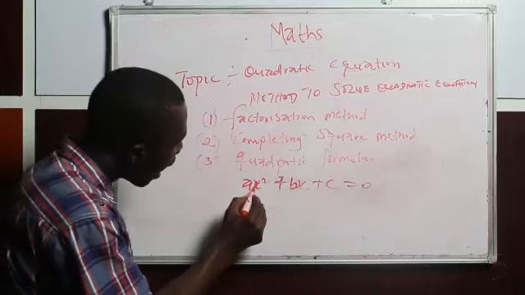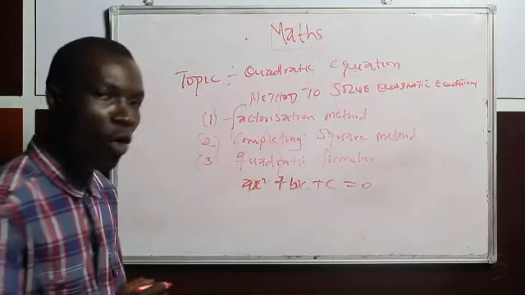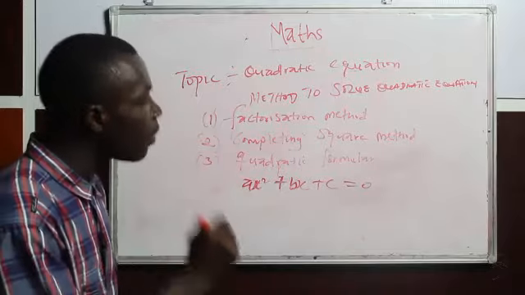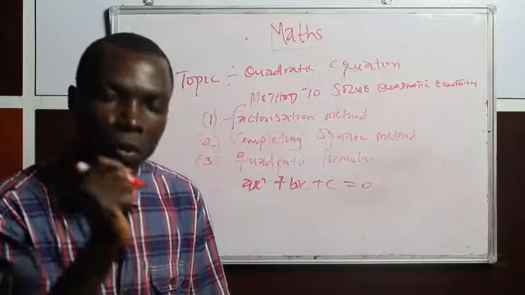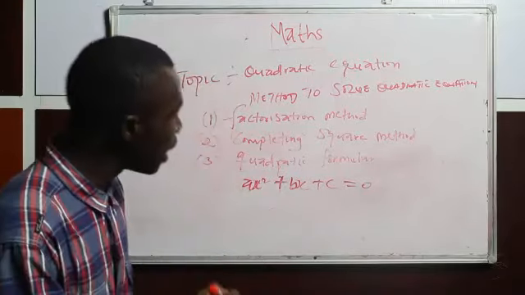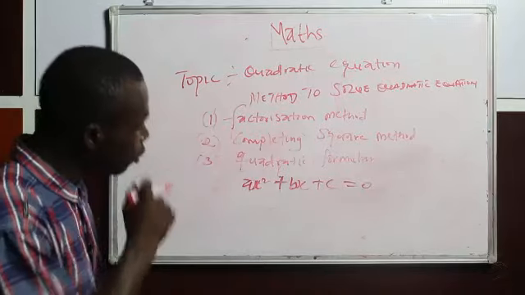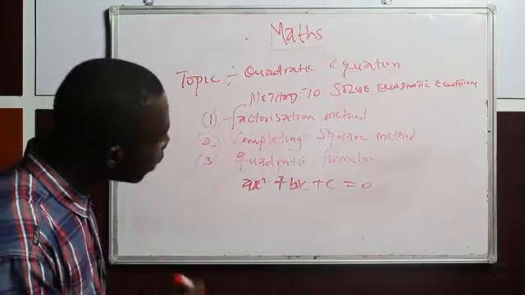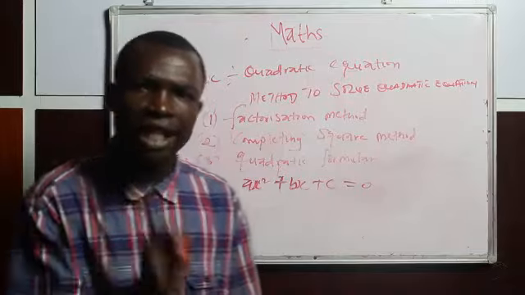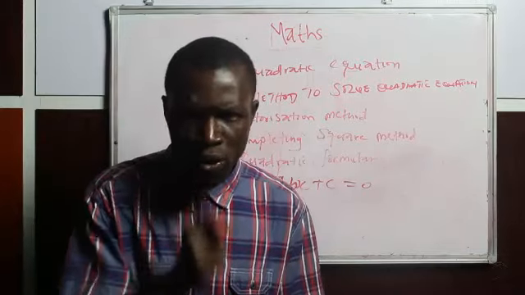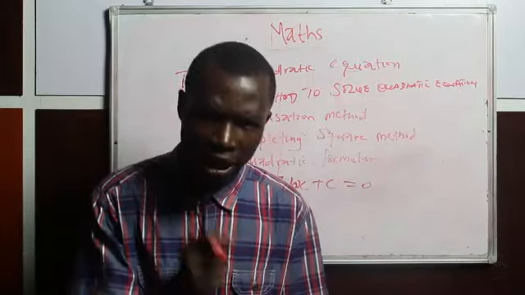Here, a is the coefficient of x squared, and a, b, and c are numbers. And the highest power of x is 2, which satisfies a quadratic expression.